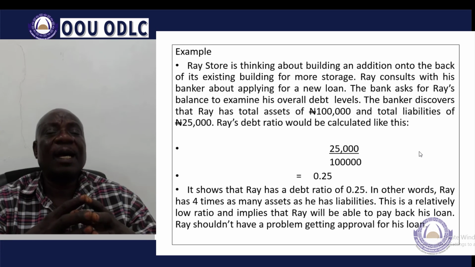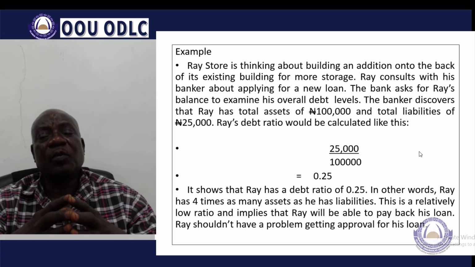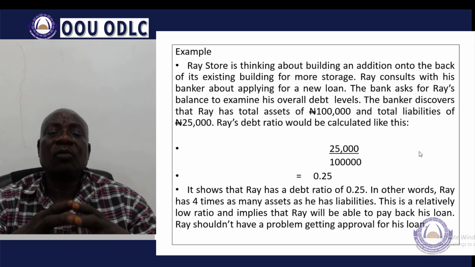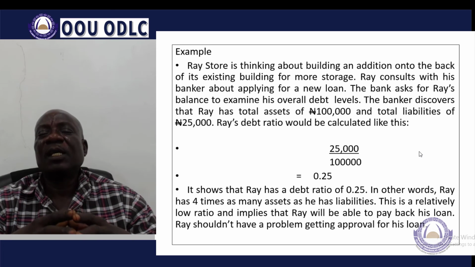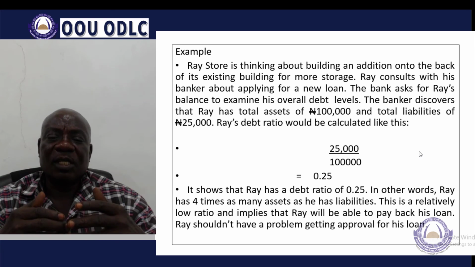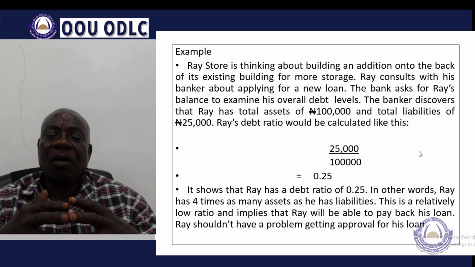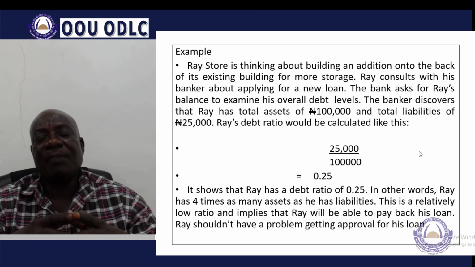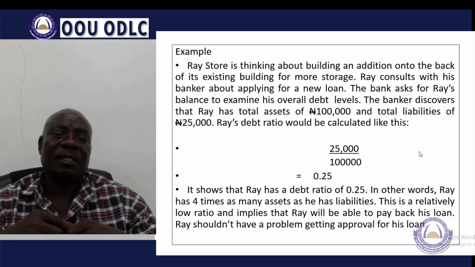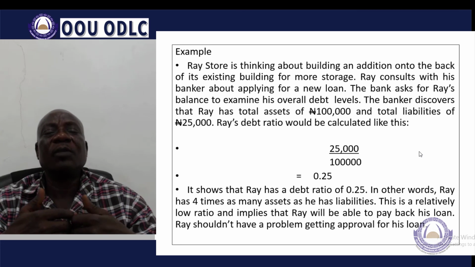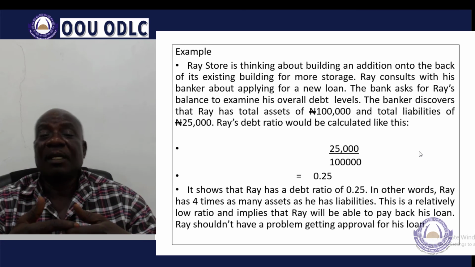The external lenders or fund providers will prefer to lend to Ray Store because it has more assets than liabilities. If it's the other way around, they will not like to lend, or they may decide to lend, but they will be at risk.